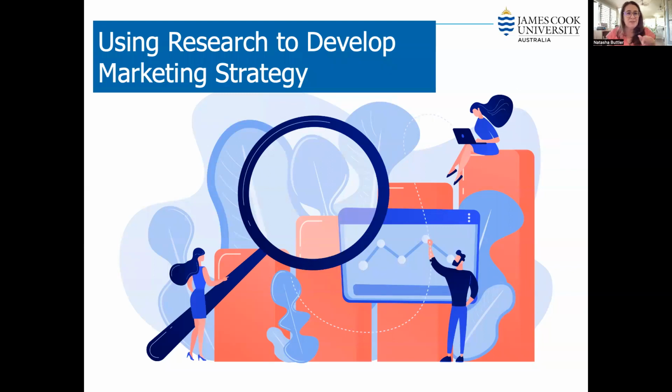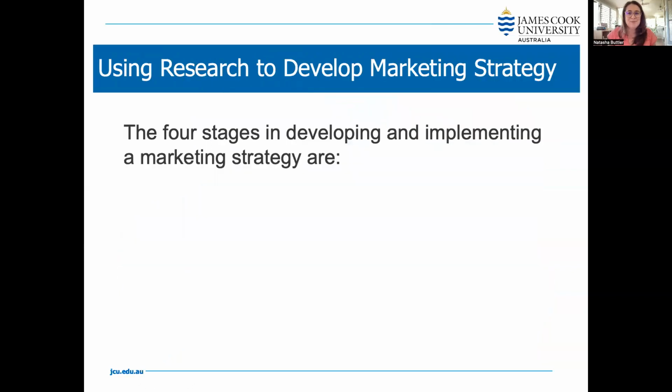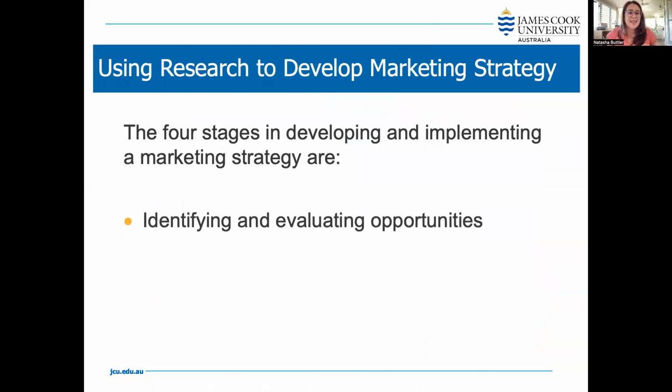So now we're going to have a look at how we use that marketing research to develop our marketing strategy. So there are 4 stages in developing and implementing the marketing strategy, and the first is identifying and evaluating opportunities. So market research can help managers recognize problems and identify those opportunities. And this is through things such as estimates of market potential.